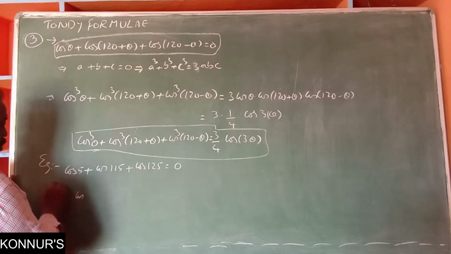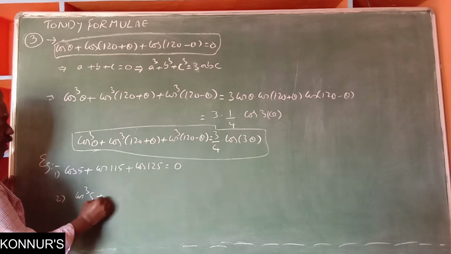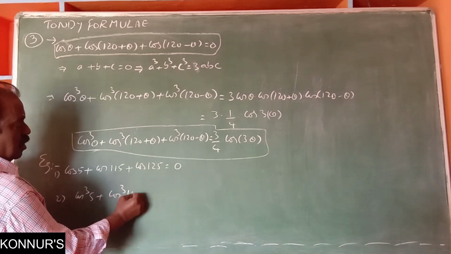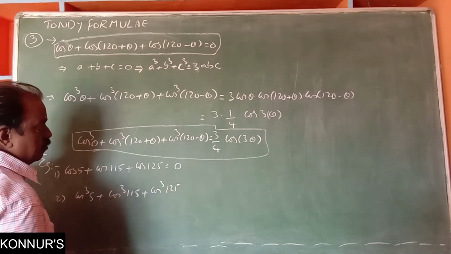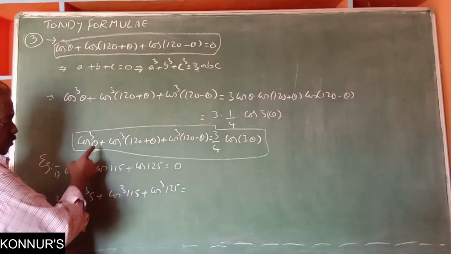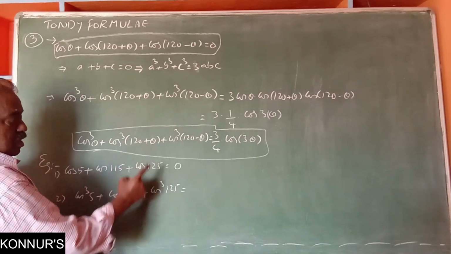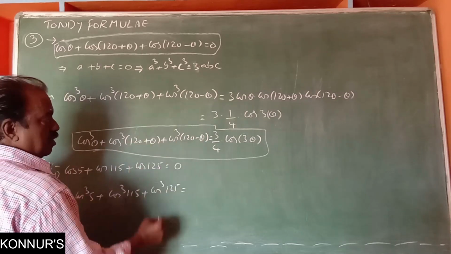And so it is one, and the second one: cos cube 5 plus cos cube 115 plus cos cube 125. You see, by using this one, say theta is 5, 120 plus theta is 125, 120 minus 5 is 115, cubes are there.